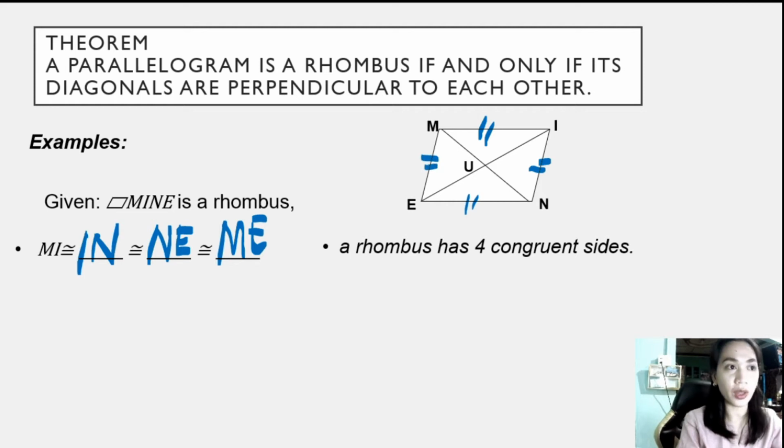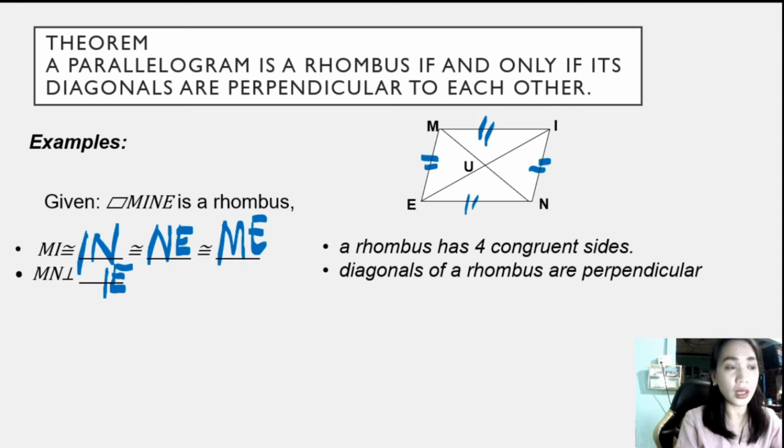If the measure of MI is 5, same with IN, same with NE, same with ME, lahat sila 5 ang measure. Next, you have the MN. MN is perpendicular to, okay, the answer is IE. Okay? The reason, because the diagonals of the rhombus are perpendicular to each other.